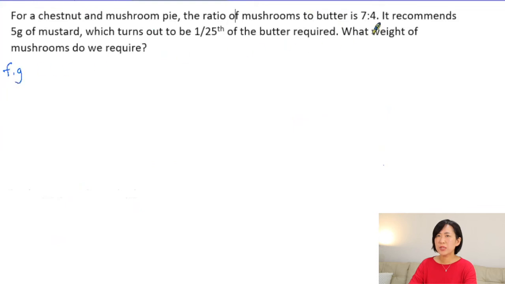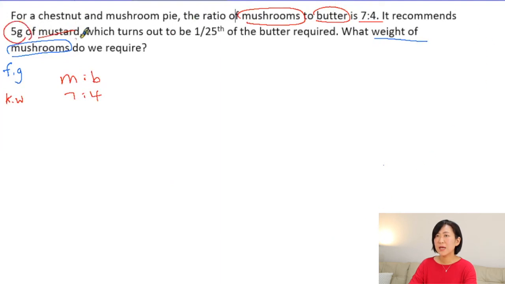Always begin with the final goal, that is finding the grams of mushroom. Then let's see our keyword. As you can see, mushroom to butter, we found the ratio. So this is important. Always write down your keyword. Mushroom to butter is 7 to 4. Then there's another clue. 5 grams of mustard is equal to 1/25 of the butter amount.